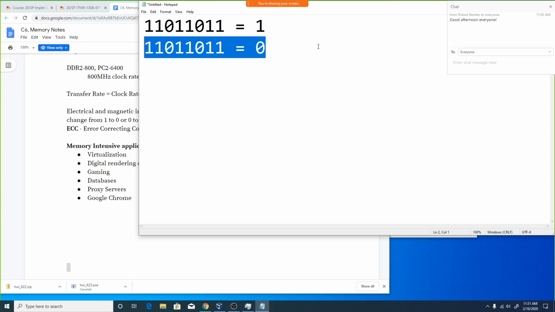Now, ECC is not perfect. What if 2 bits flip? Is that parity right or wrong now? It is correct. ECC would not be able to correct an error or stop an error from happening if 2 bits in a single byte flip.